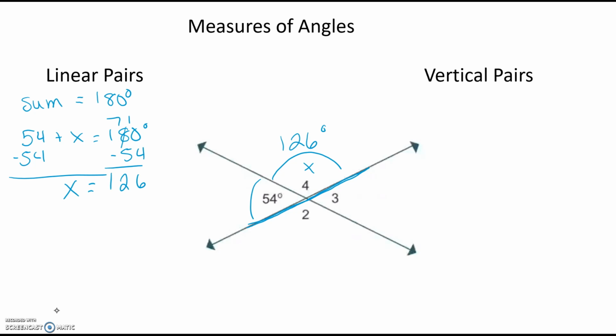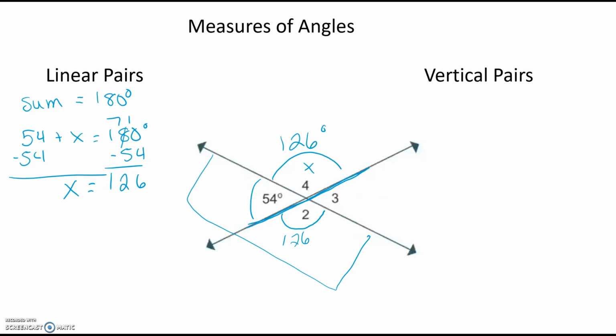Okay, let's say I'm trying to figure out what angle 2 is. I could look at the linear pair on the bottom side of that and do exactly the same process, and once again I would end up with 126. Now I'm going to switch over here to green.